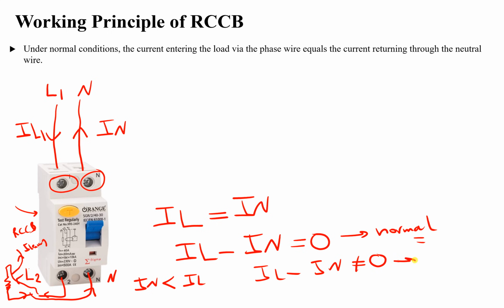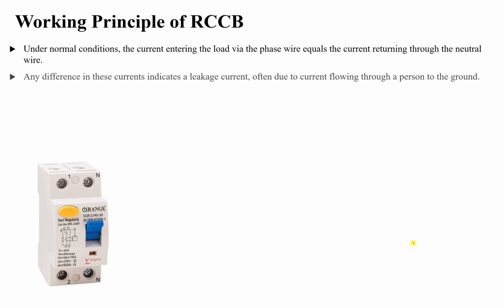In this case, we have a leakage current. So any difference in these currents indicates that there is a leakage current, which often means that this current is flowing through a person to the ground.